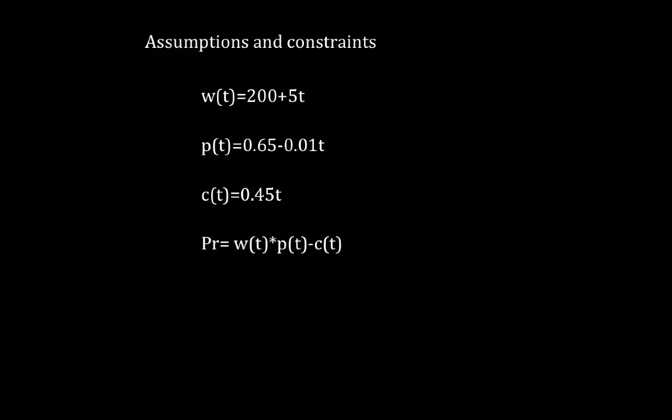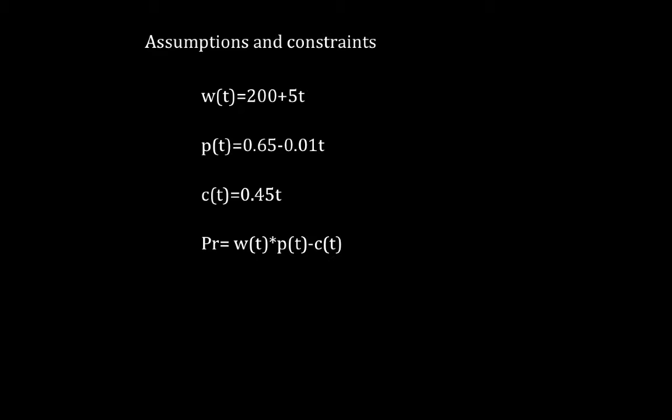Then we should write down the profit. Profit from sale of pig. How do we write down the profit? We know profit equals revenue minus cost, R minus C. So how do we find the R?